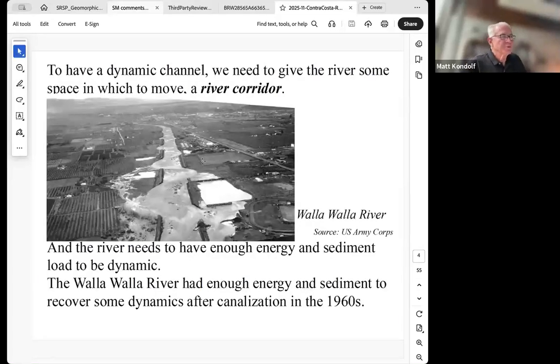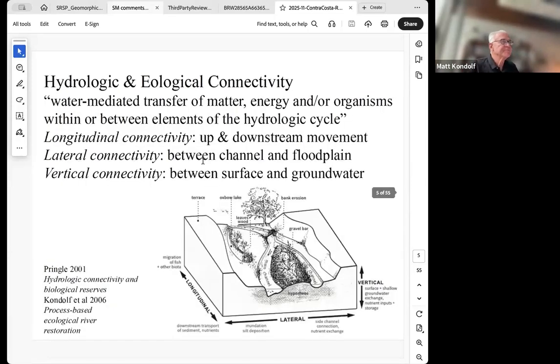So this river would be a great candidate to restore itself if you just said, okay, the Army Corps straightened it. We want to bring it back to a more natural pattern, more heterogeneous habitat. Just set the levees back and give it room. And in the next flood, it's going to create natural forms.